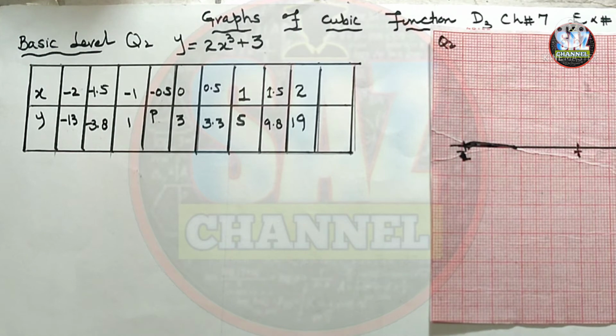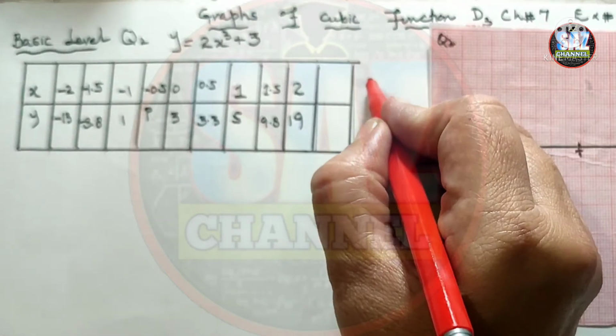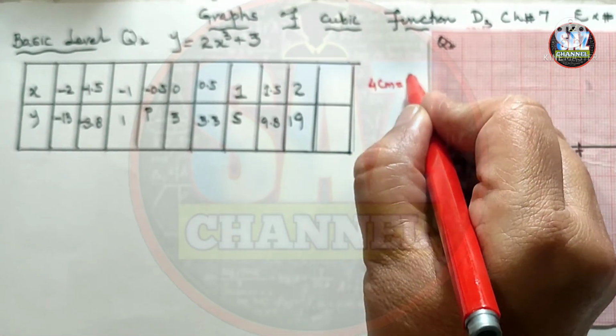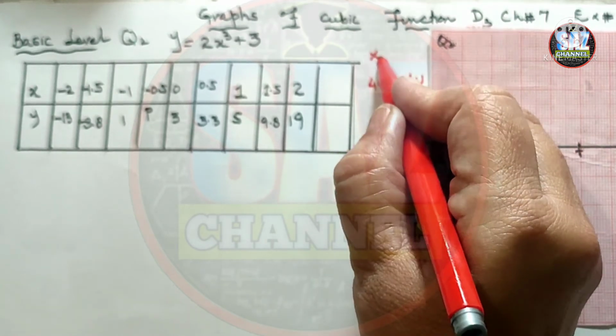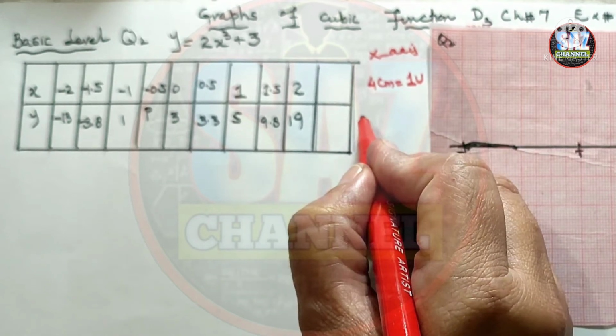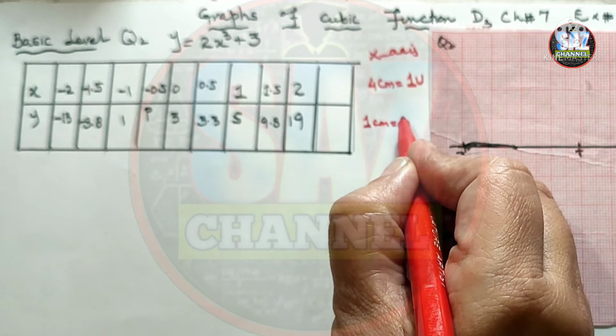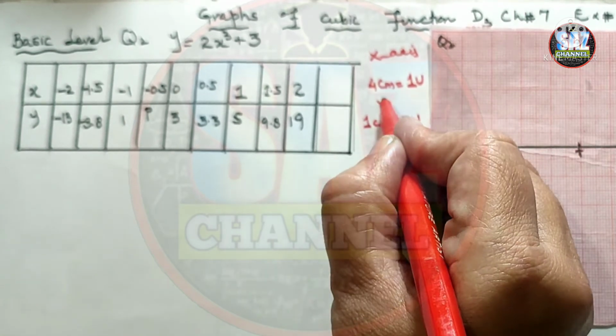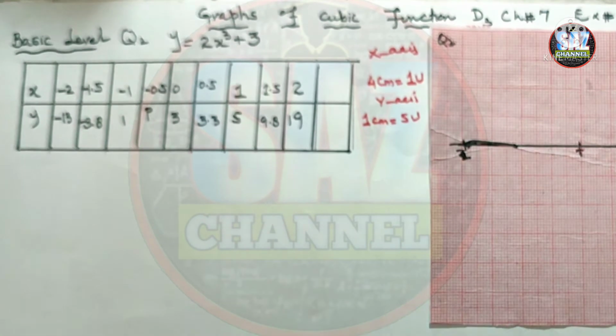The second requirement is that, using the scale 4 centimeters equals 1 unit on the x-axis and 1 centimeter equals 5 units on the y-axis, we have to draw the axes, horizontal and vertical, for x lying between minus 2 and 2, and y lying between minus 15 and 20.